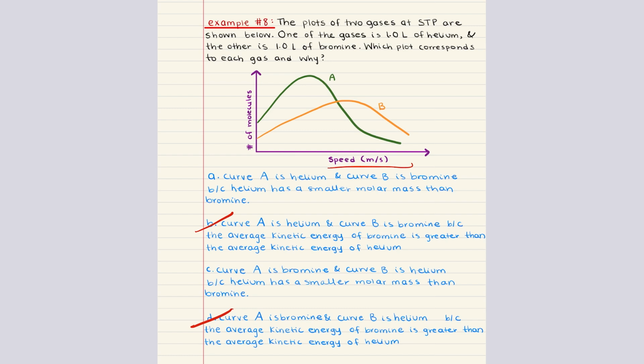So in other words, helium will move faster than bromine. Therefore, helium gas corresponds to curve B, which has a higher average speed, and bromine corresponds to curve A because it has a slower average speed.